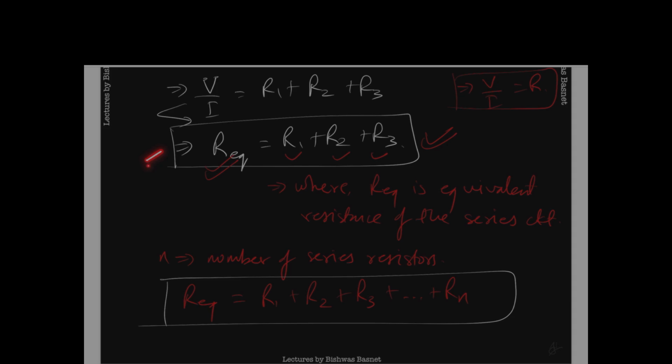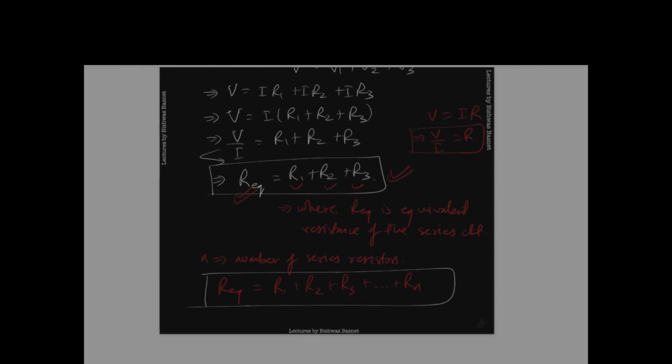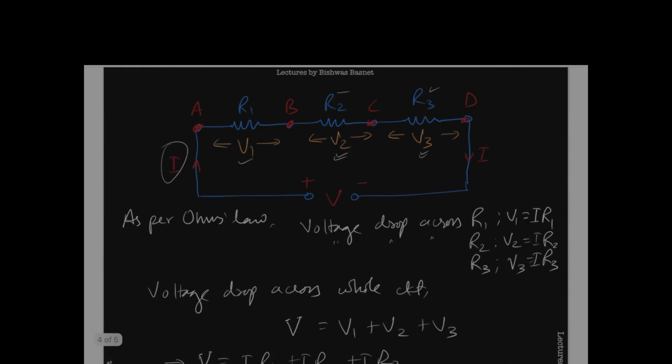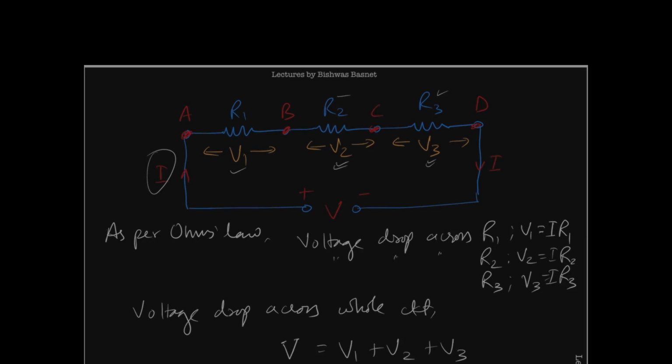So this is one of the important derivations you should know. If you are solving an electrical circuit in particular, you should be able to write the equivalent resistance of that circuit so that it becomes a lot easier for you to find unknown parameters. Let's say there is I you need to calculate.